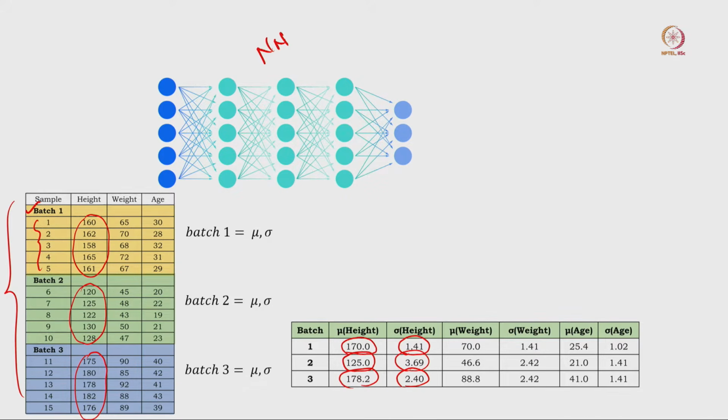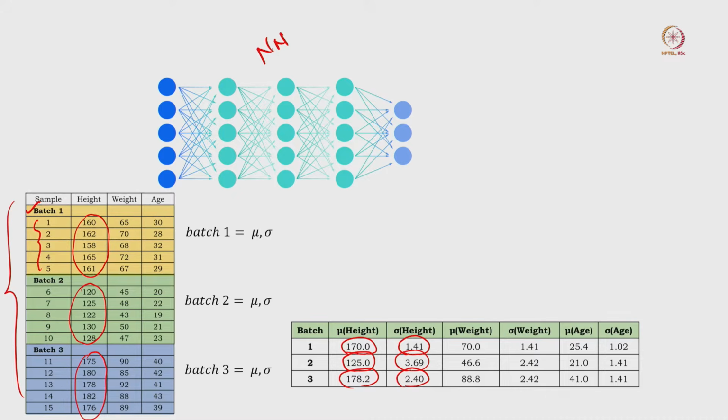When I say distribution, I mean the mean and standard deviation. The mean and standard deviation values going into the layers are different each time. Do you agree? This is the problem here.